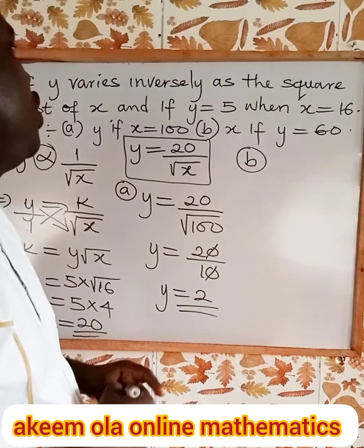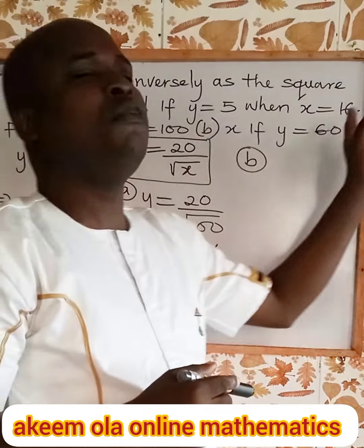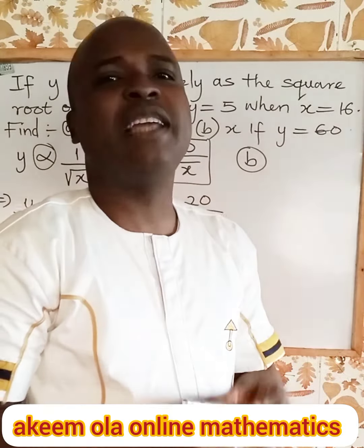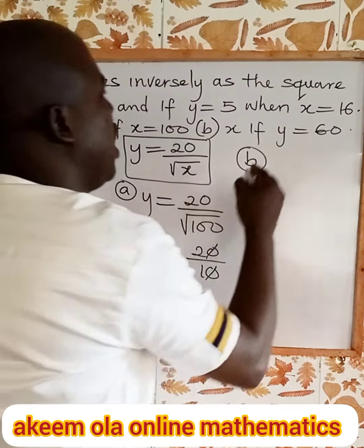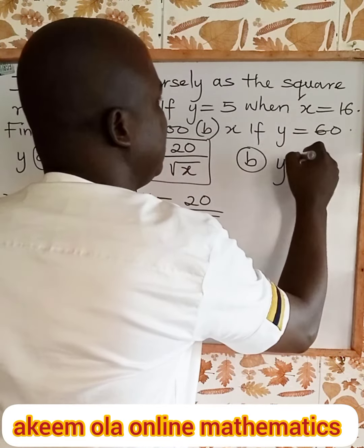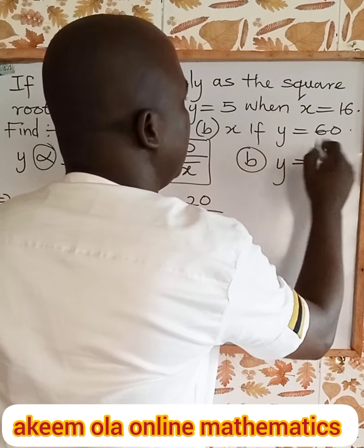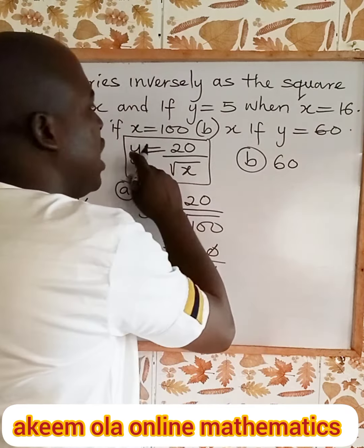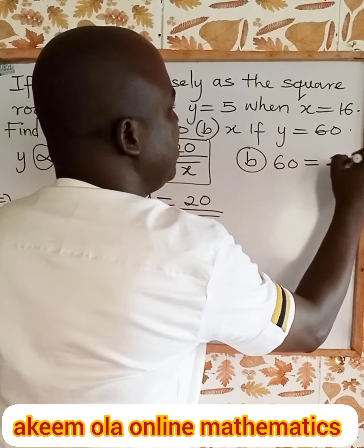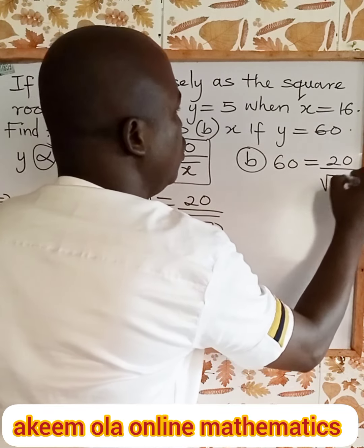Then for the second solution, we are given the value of y, and we are asked to find the value of x. How can we get the value of x? We are still using that relationship. We are given y as 60, so y is equal to 20 all over root x.